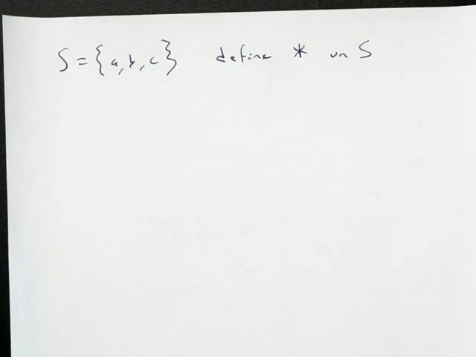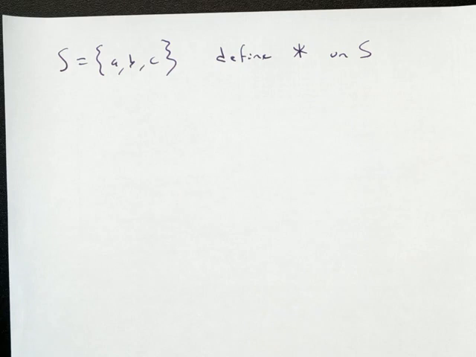Well, there are 3 things in S, but I'm going to take them 2 at a time. I've got to look at the ordered pairs because it's a binary operation, which requires 2 of them. So I'm going to end up with 9 total options, right? I can do A star A, A star B, A star C, B star A, B star B, B star C, C star A. Let me write down all of those. We've got 9 options.